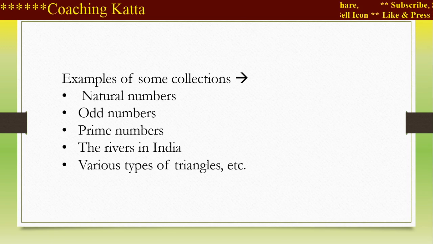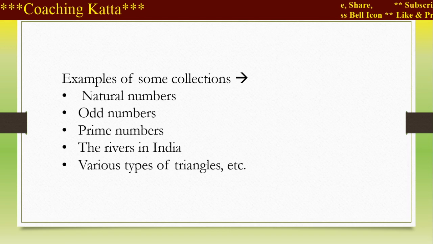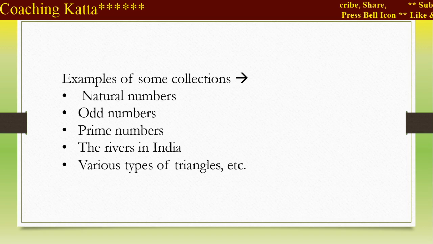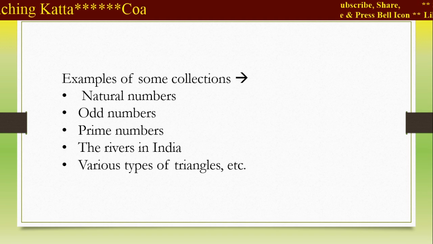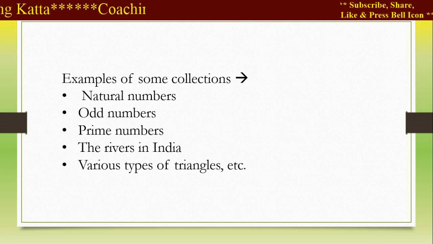For example, we can say that the river Nile or Amazon does not belong to the collection of rivers in India. On the other hand, Ganga does belong to this collection. Again, if I want the group of most beautiful girls in the world, the answer is not same for everyone.